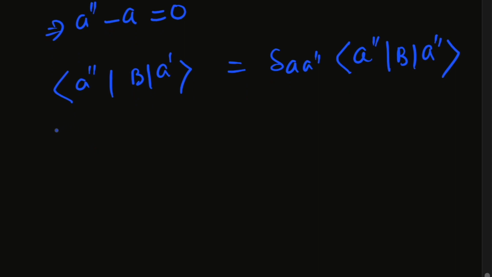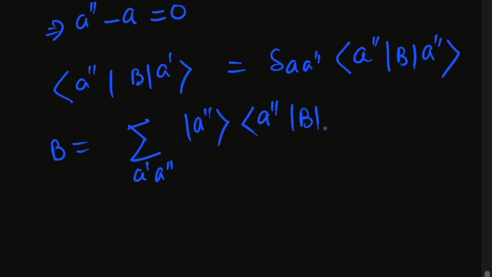Now the representation of B in terms of eigenstates of A will be B equal to the summation over A prime, A double prime of |A double prime><A double prime|B|A prime><A prime|.